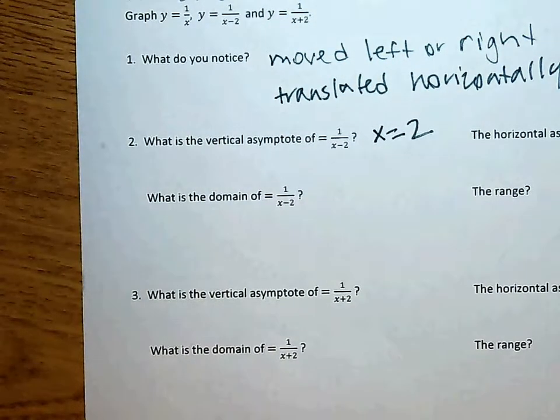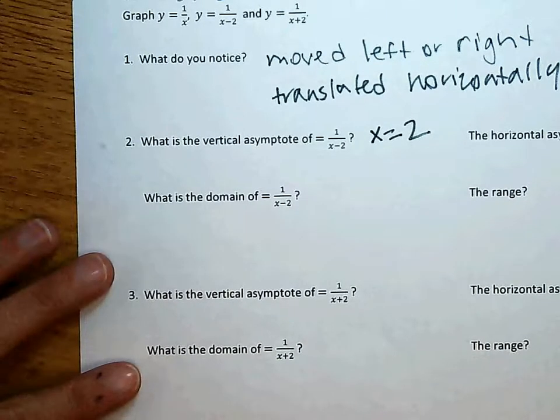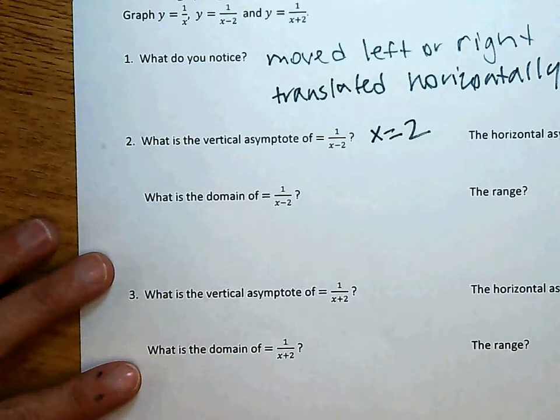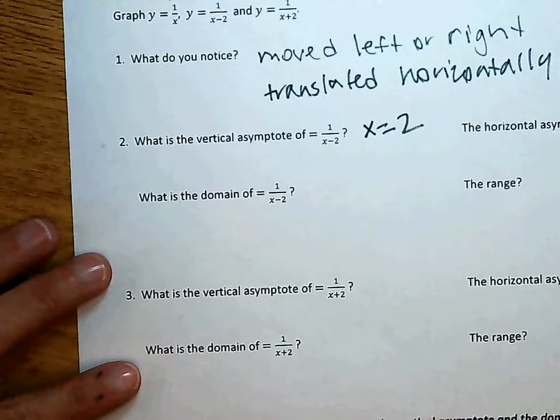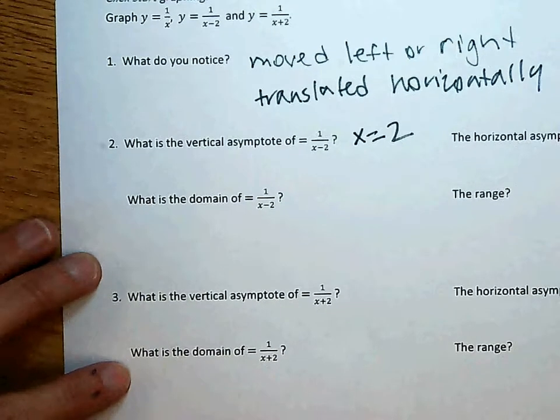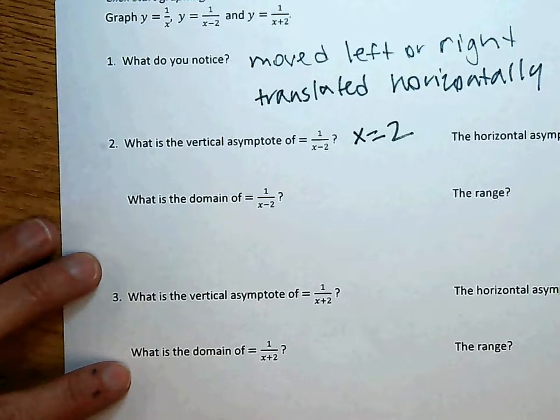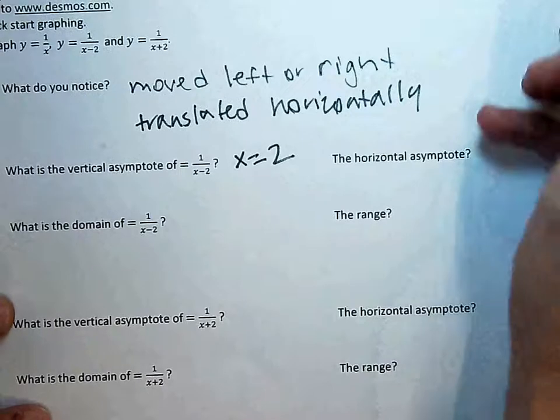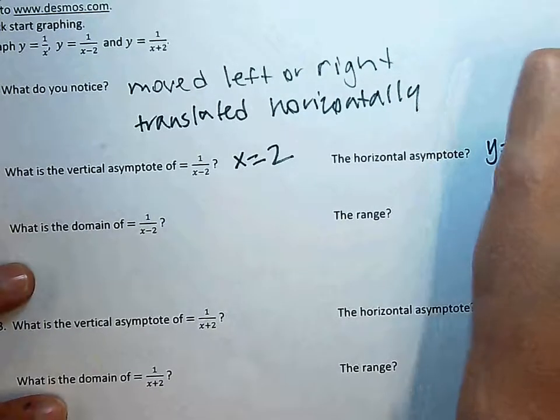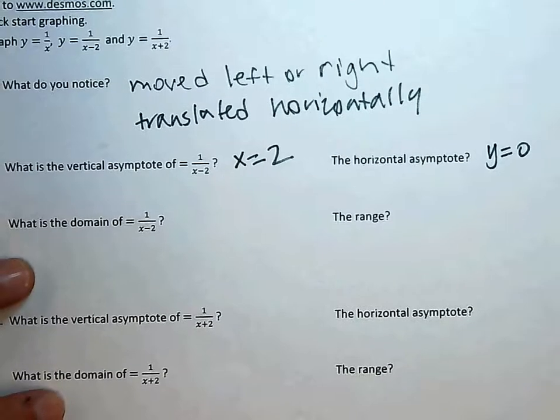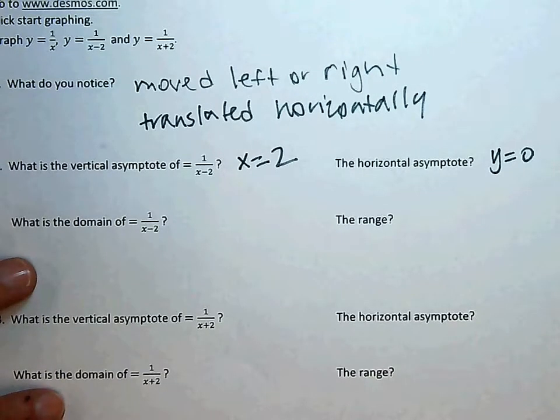Okay? So did that graph move up or down any? No, it didn't. So where was your horizontal asymptote? 0. Yep, so it's still at y equals 0. Okay, so it didn't move anywhere. So the parent graph and this graph have the same horizontal asymptote.